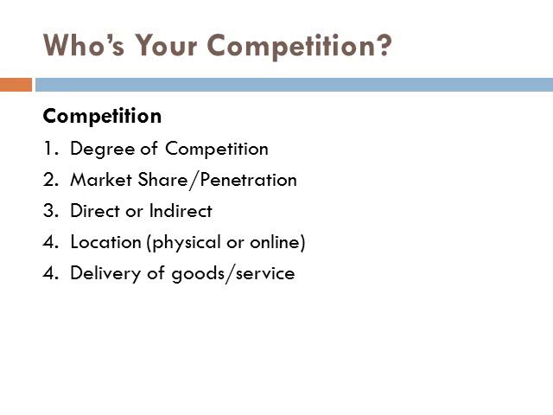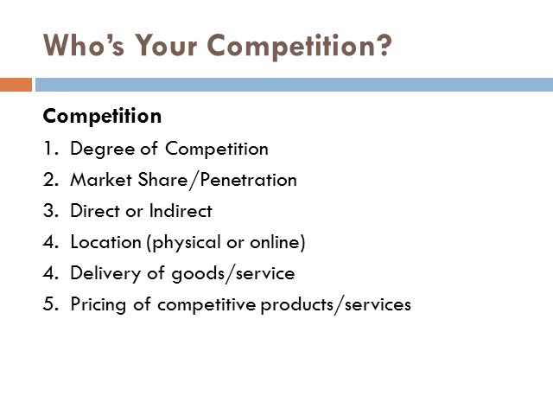I could always go to Barnes & Noble, but I like going to the independent bookstore because I like promoting that small, local business. And that is then a way, also in your marketing and advertising, that you can differentiate yourself from the competition.